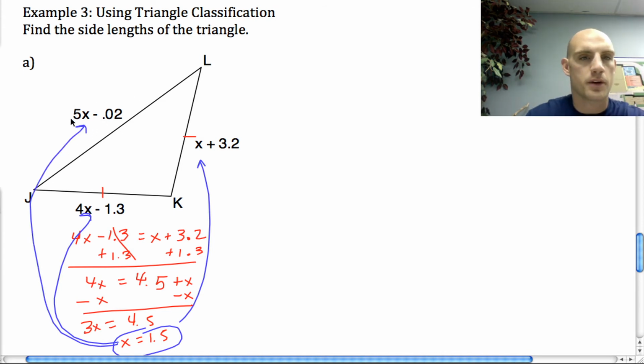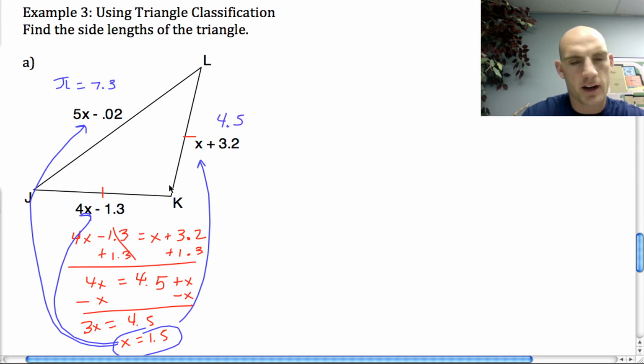And what I'm going to end up with is, I'm going to take 5 times that, so 5 times 1.5 is 7.5, minus 0.2 is going to give me 7.3 here for JL. And this is going to be 1.5 plus 3.2, which gives me 4.7.